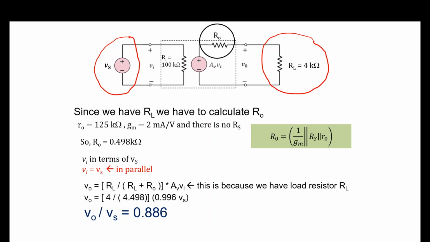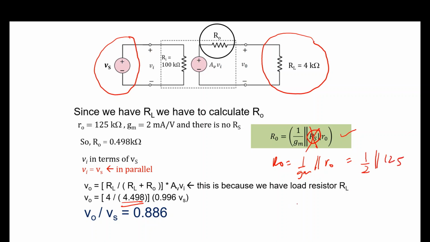I can see that R0 is equivalent to 0.498 from this answer here. Because there is no RS, you can ignore this term. So R0 is equivalent to 1 over Gm in parallel with the small R0, which is 1 over 2 in parallel with 125.